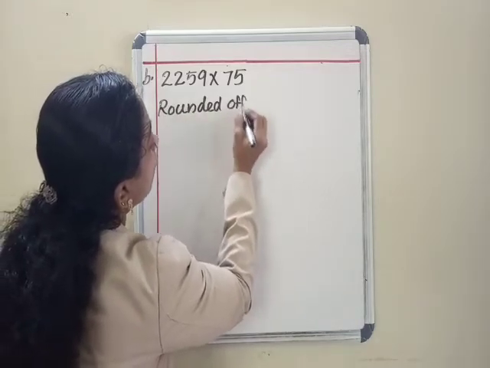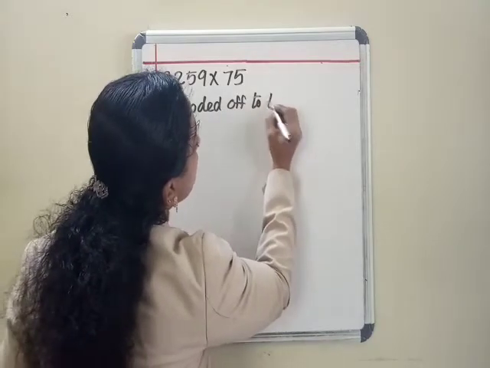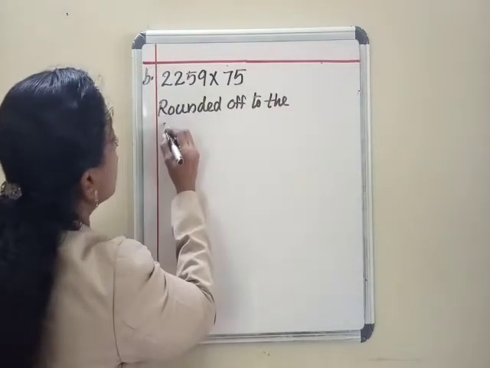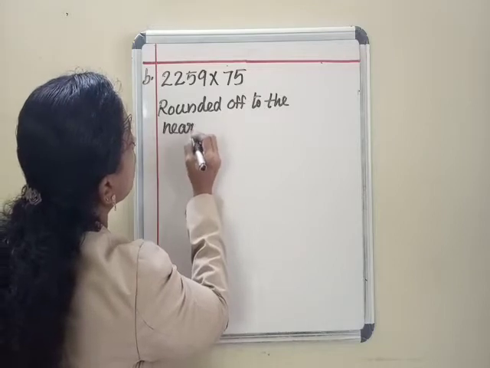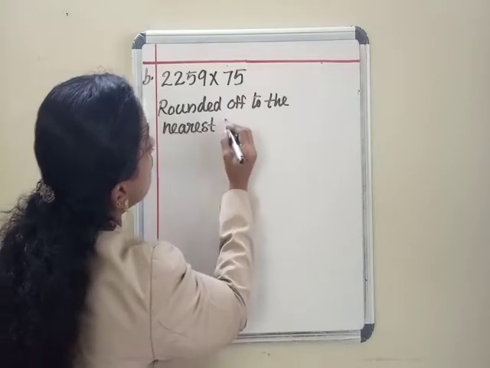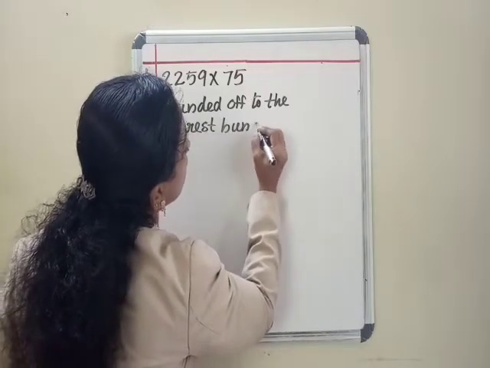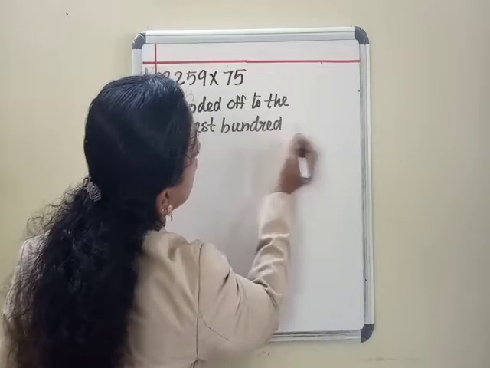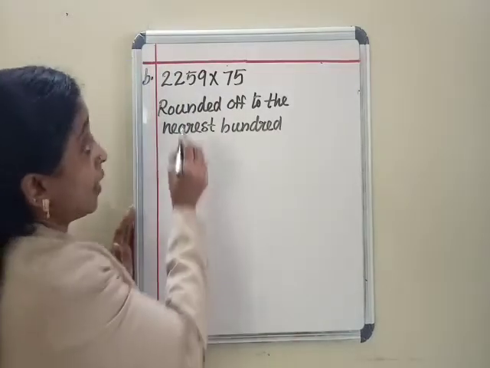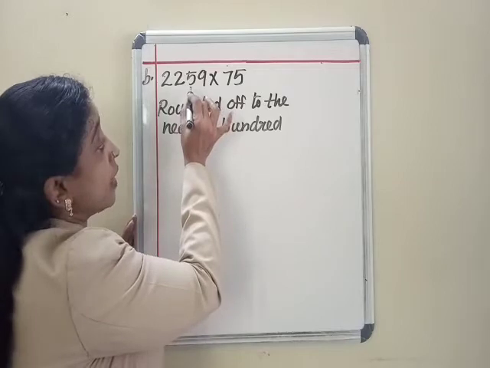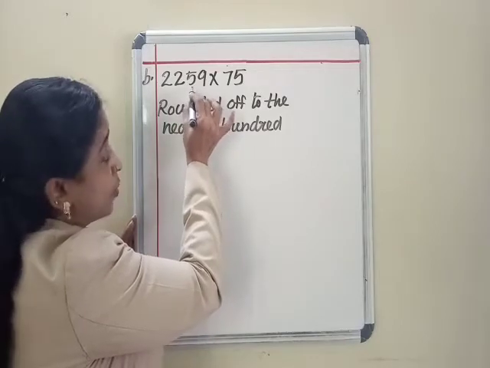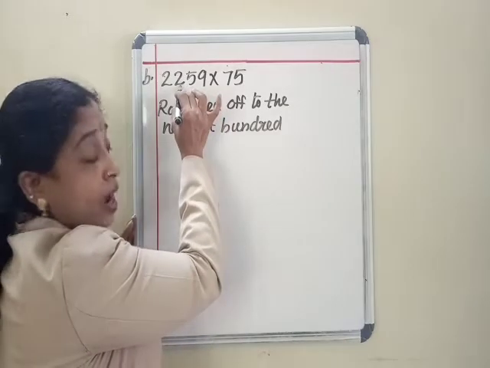Rounded off to the nearest 100. Look here, nearest 100. Here tens place number is 5. So we can add one more 100.